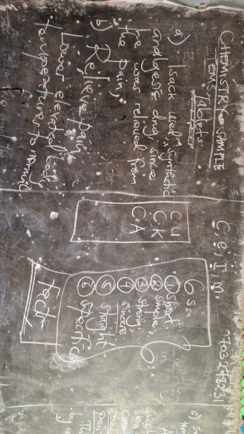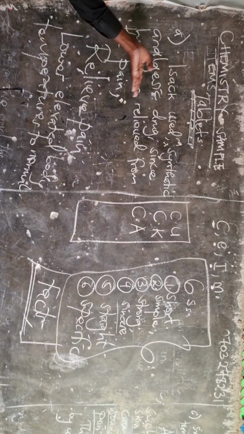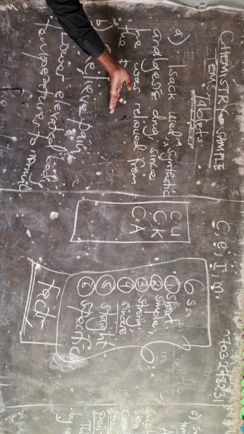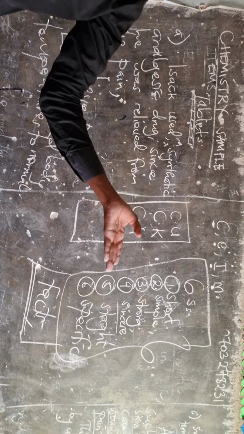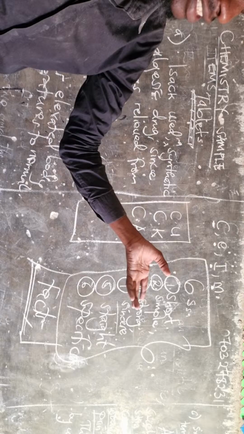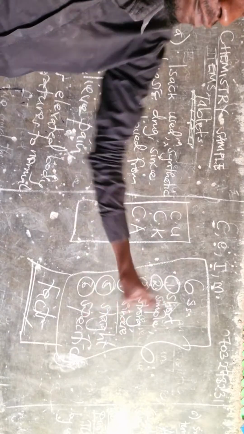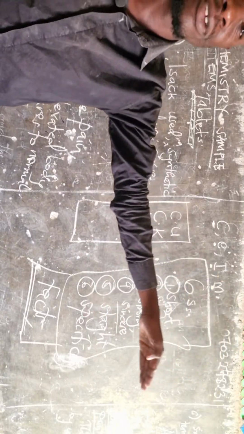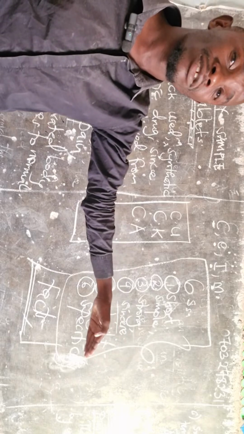These are some of the functions. And you should also know how the analgesic drug works. We said it works by blocking the synapses, stopping the impulses of pain from crossing through the synapses to the brain.